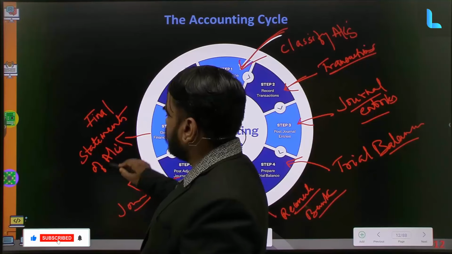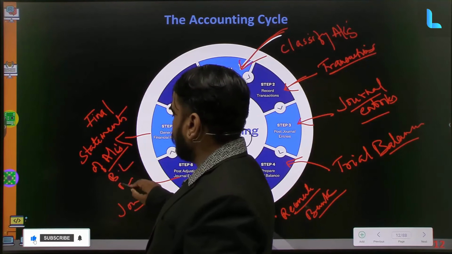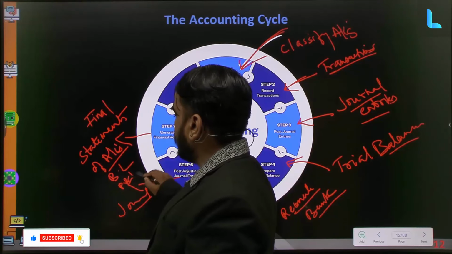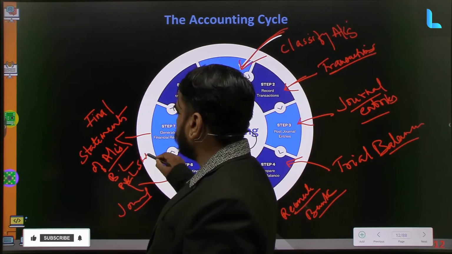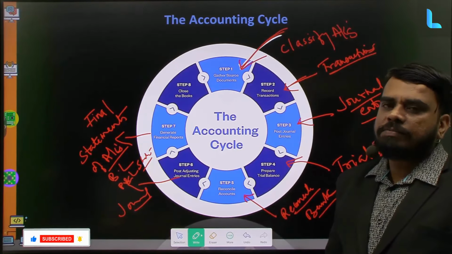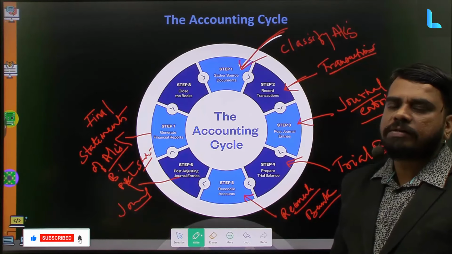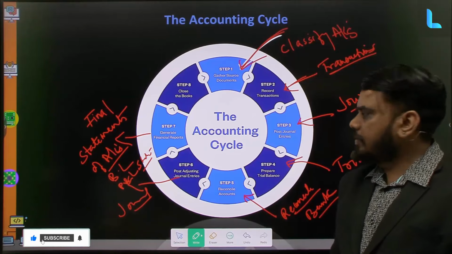So which two are the statements? One is the balance sheet, the other one is the P&L statement, that is profit and loss account statement. Once they are prepared, we get an idea of how our business has gone, or whether any necessary changes have to be made to avoid losses and make progress towards profit.